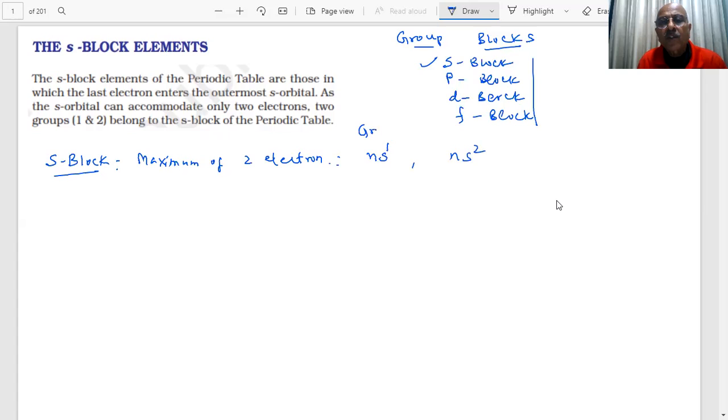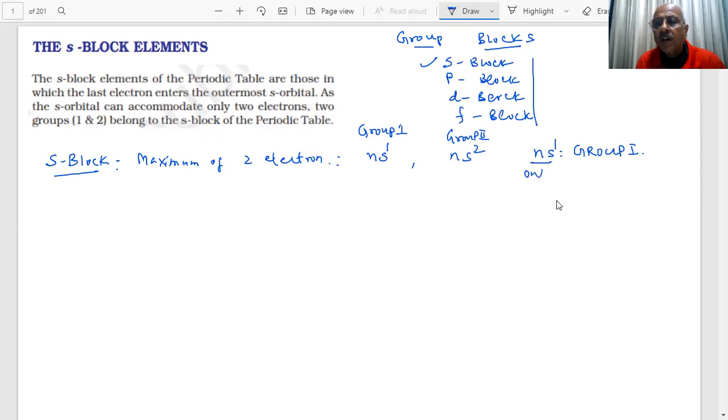This ns1 is called group 1. This is the outer valence shell electron configuration. And ns2 is called group 2, students.